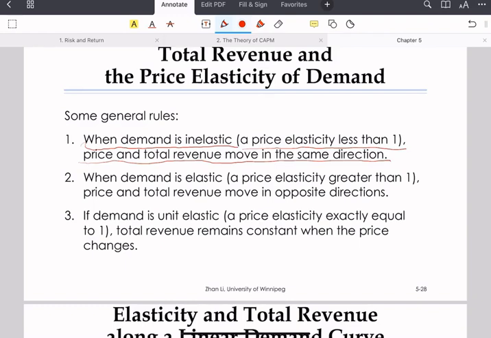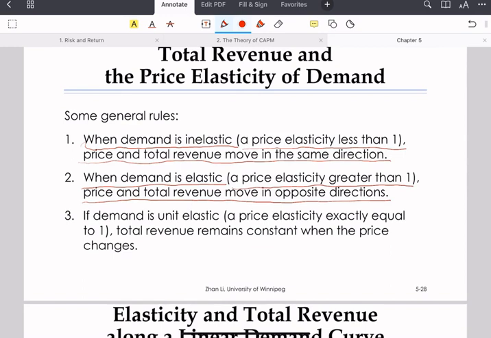Right? Now, the second point says, if demand is elastic, mathematically this implies the price elasticity is actually larger than 1. So price and total revenue will move in opposite directions. This basically means if you increase your price, then your total revenue will suffer.